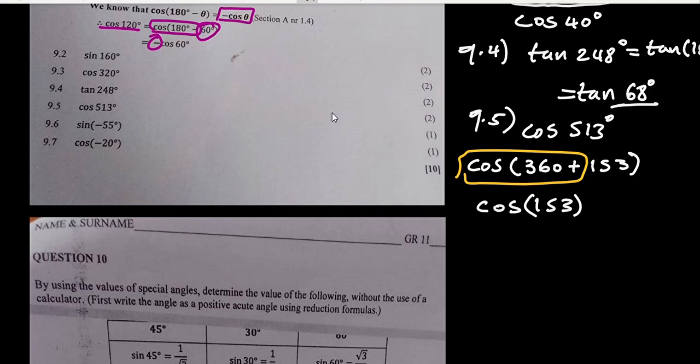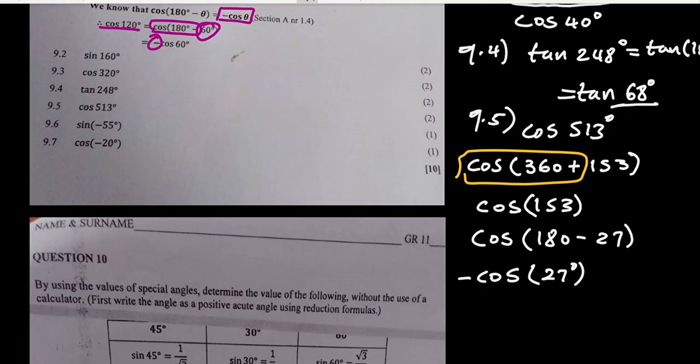So there's some work to be done. I will have 180 minus 27. So I'm going to get cos 180 minus, which is on quadrant number 2. On quadrant number 2, this one is going to be negative. Okay, so this is going to be my answer.